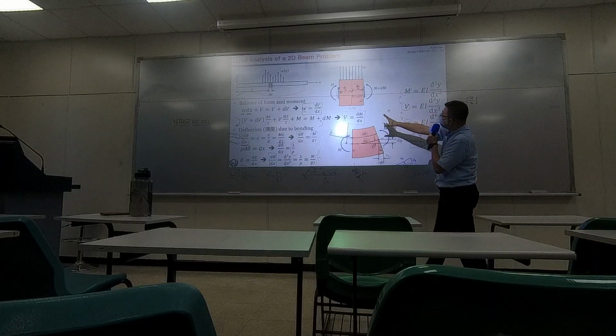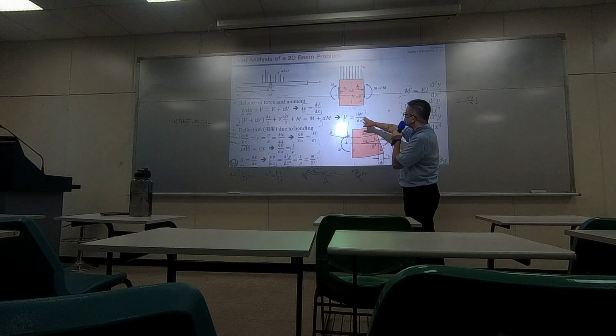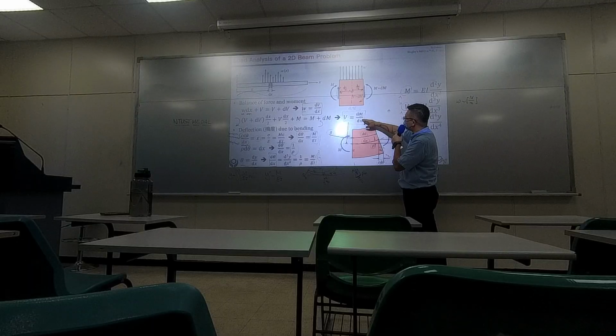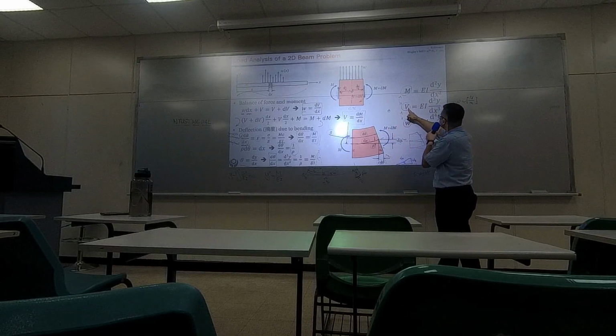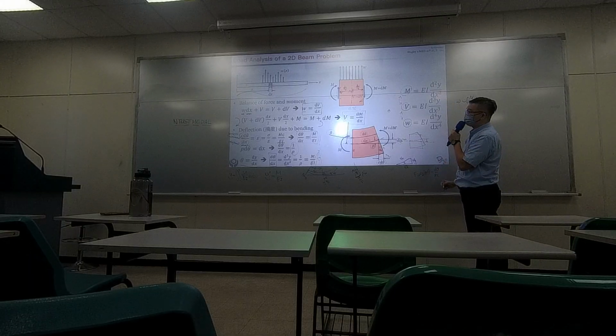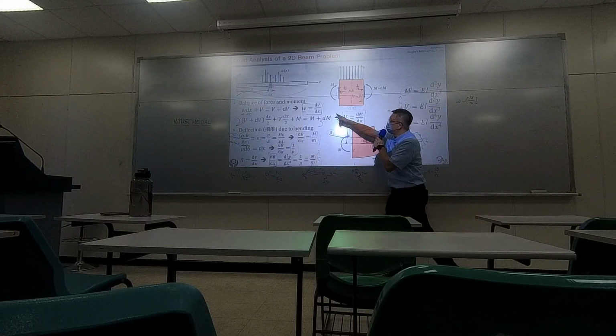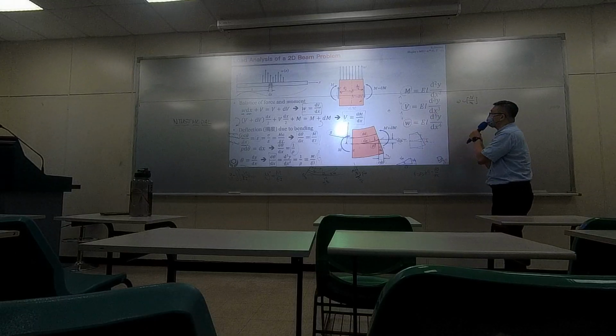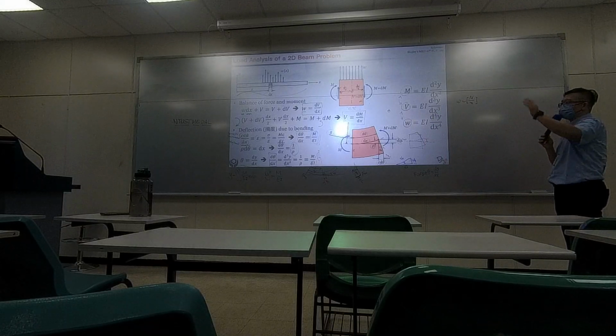And we already know if you take a derivative of m with respect to x, you get v. So v equals this, and this is a third order derivative. And if you do it again, you get w, a fourth order derivative. So now you get all these equations.